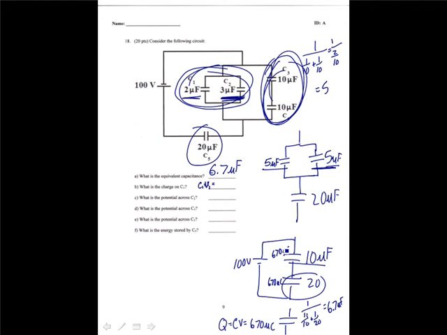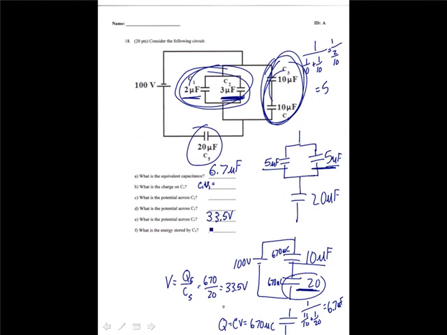I want to know the voltage on this capacitor, which is C5, and voltage is just Q over C. That's Q5 over C5. That is 670 over 20, which gives me my voltage, 33.5 volts. So let's fill this in, 33.5 volts.